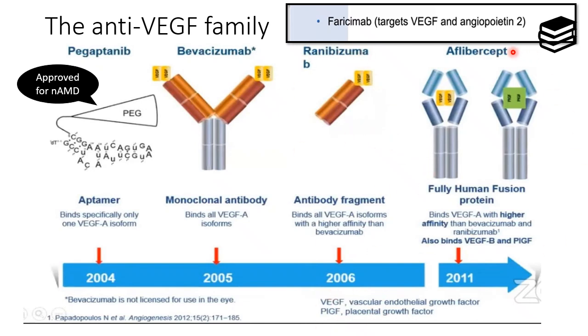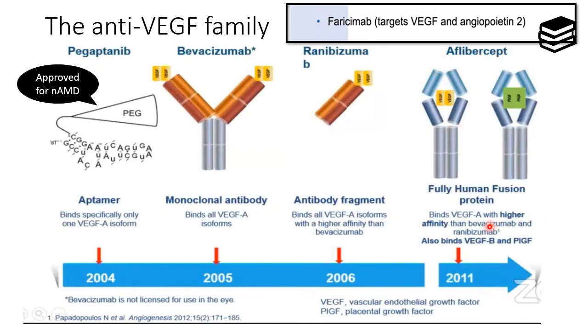Next came aflibercept. Aflibercept is a fully human fusion protein. How? It joins an Fc portion with binding sites. The Fc portion is the same as the Fc portion of the IgG antibody, but these binding sites are different. What do they bind?